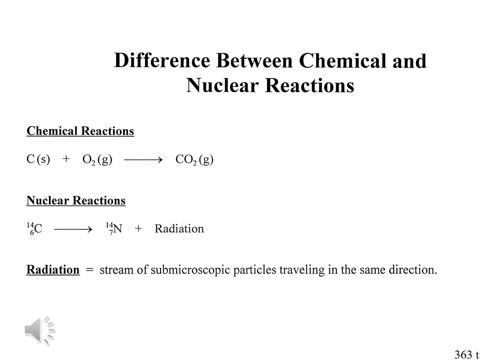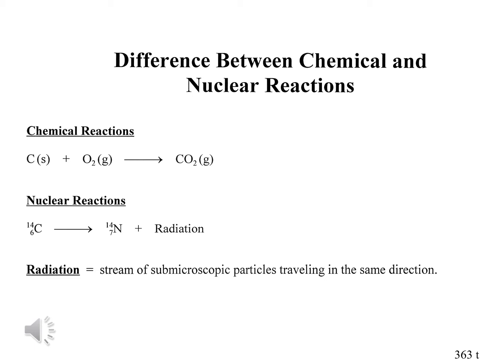If you look at the carbon that's connected to oxygen on the right of the equation, the nucleus still has 6 protons. It's still the element carbon. So the nucleus did not change. You do not change the nucleus in a chemical reaction. What you change is the electrons outside the nucleus.